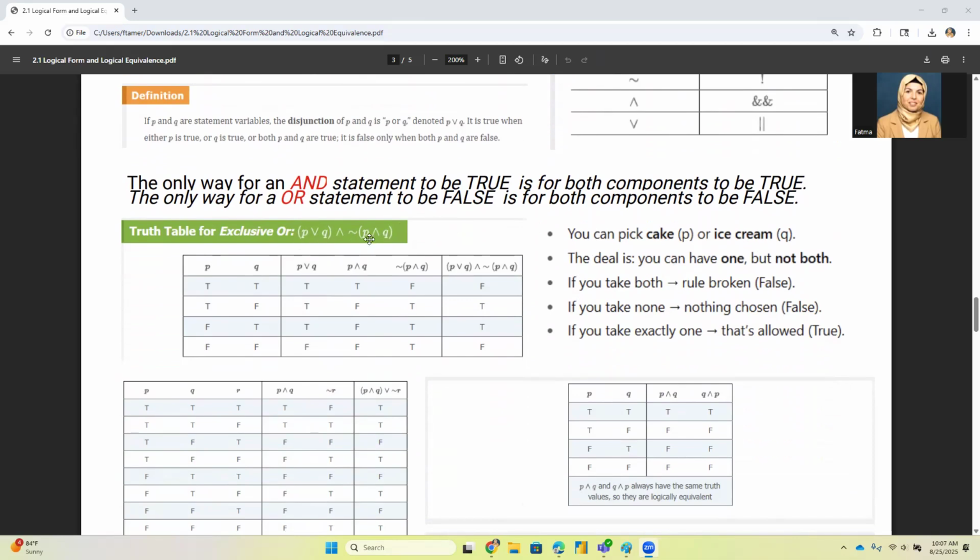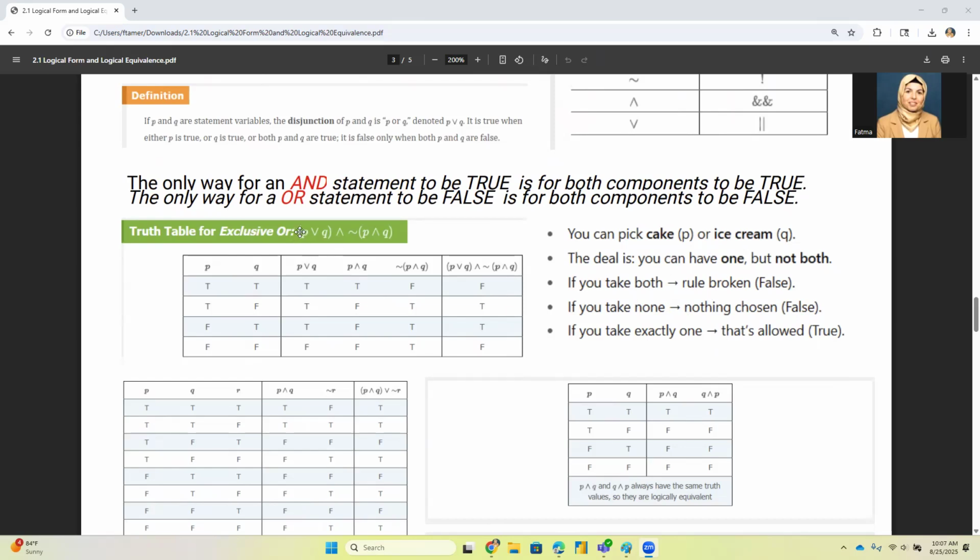The meaning of the exclusive or is you can pick cake, which is P, or you can pick ice cream, which is Q. The deal is you can have one, but not both. If you take both, the rule is broken, which is false. If you take none, nothing is chosen, it's also false. If you take exactly one of these, this is the only allowed case, and it will be true.